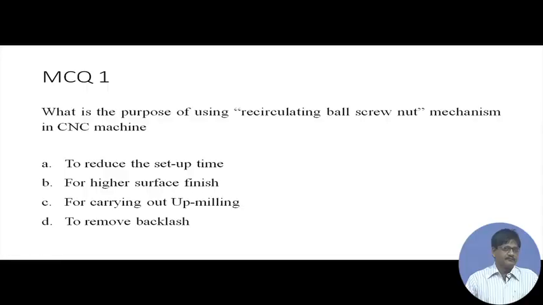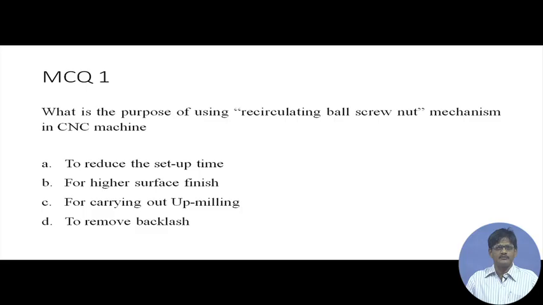Question number 1. What is the purpose of using recirculating ball screw nut mechanism in CNC machine? To reduce the setup time, for higher surface finish, for carrying out up milling, and to remove backlash.